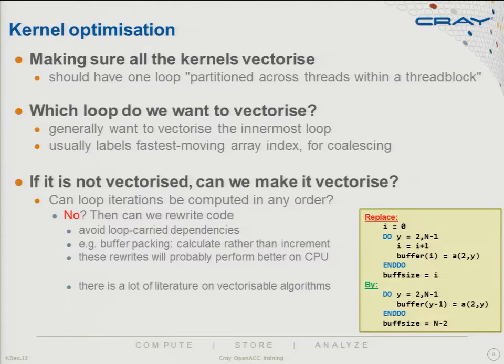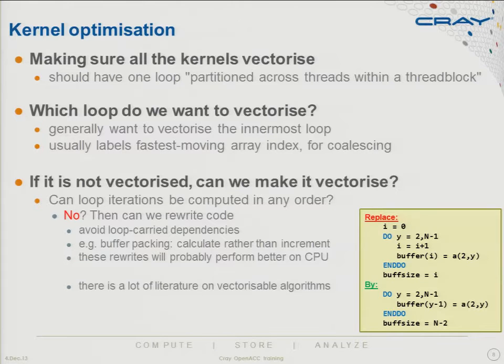That doesn't vectorize because it can't compute these loop iterations in any order and get the same answers. It's much better to use a computed loop index and a computed size, and that's vectorizable.